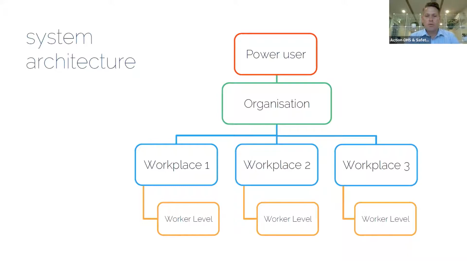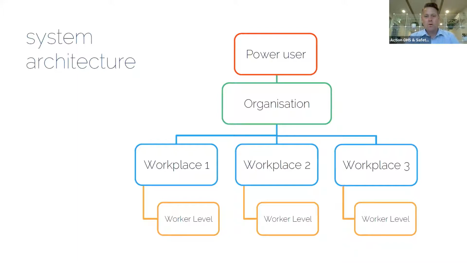This is where these users will be advised of incidents that have occurred by email if those permissions have been switched on, for incidents that are reported at the organisational level, or at an individual workplace or a worker level within the system. The organisational level will also see the incidents on the incident register for the organisation, as well as the workplaces and the worker levels that they have been provided with the permissions to access.